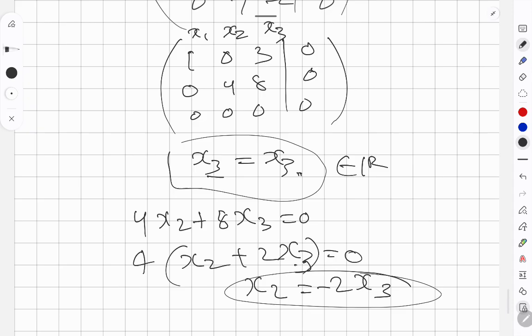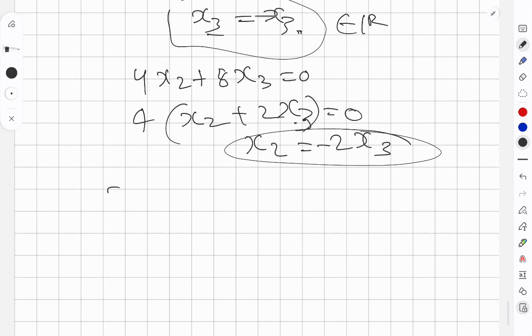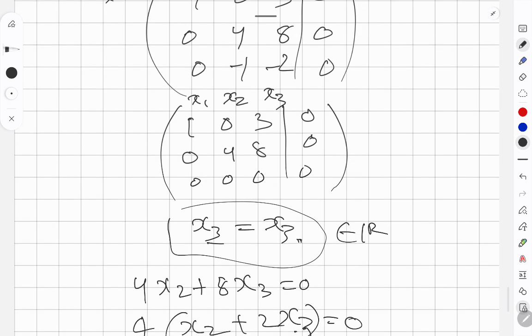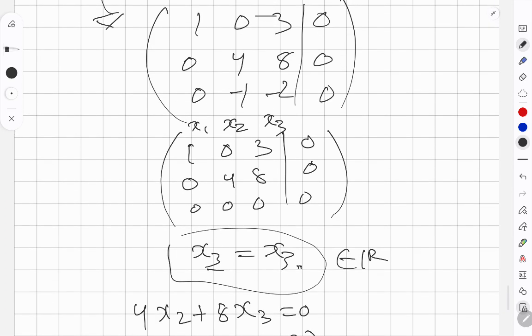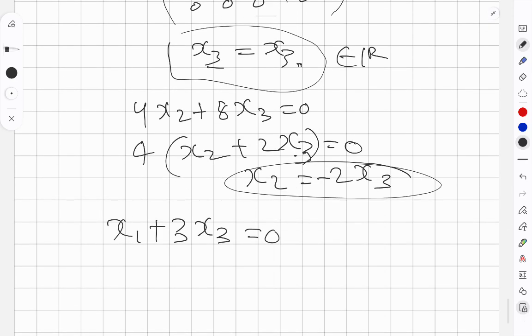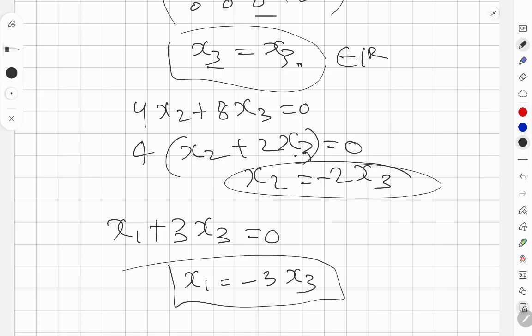Okay. Then from the first equation I got x1 plus 3x3 is equal to 0. Okay. Yeah.